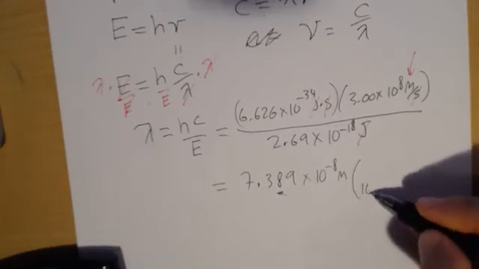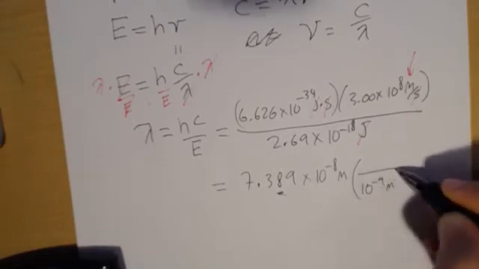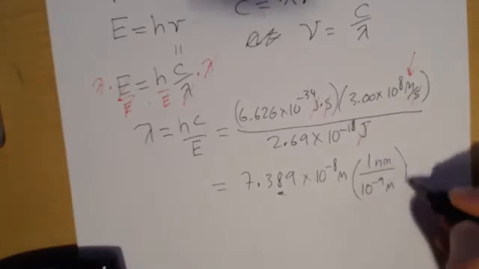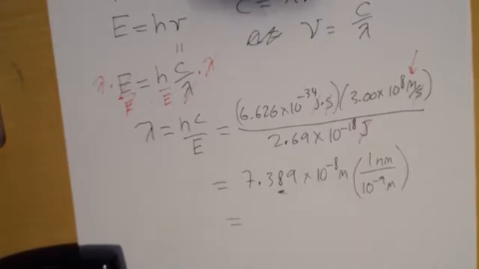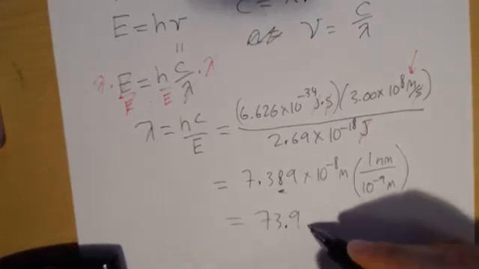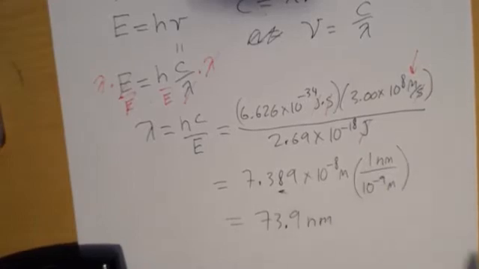There are 10 to the minus 9 meters in 1 nanometer. So the wavelength would become 73.9 nanometers. So that would be like far ultraviolet bordering on X-ray, right?